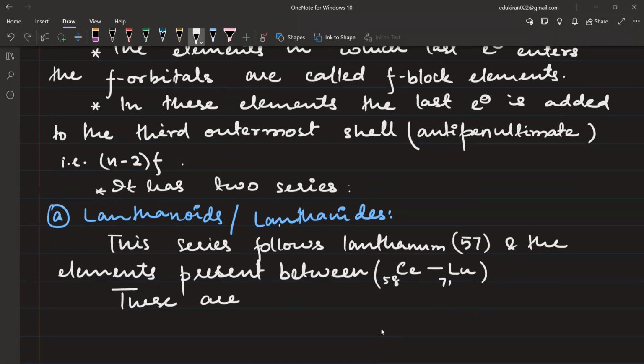These are also called rare earth elements.